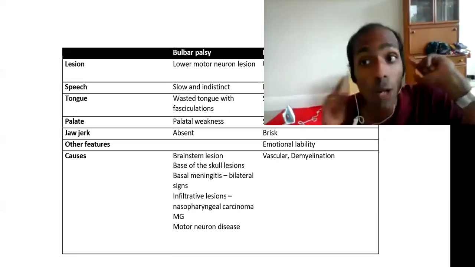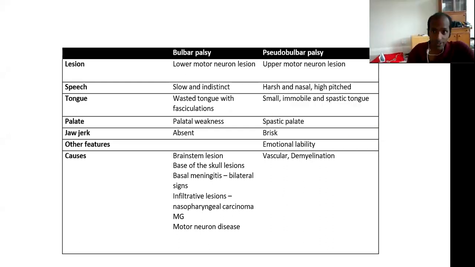Upper motor neuron, we talk about this in detail tomorrow as well. Spasticity is a feature of upper motor neuron lesion. So the tongue is very spastic, it is stiff, cannot move. Similarly, the palate is very spastic and stiff as well. Jaw reflex is brisk. Now you might ask, jaw reflex is the trigeminal nerve, no?